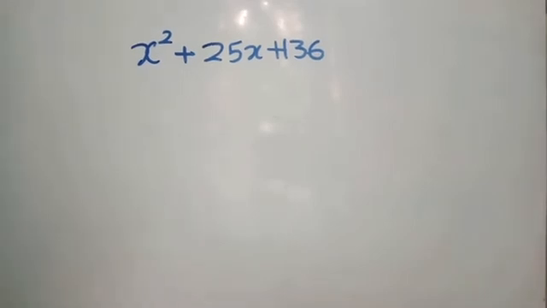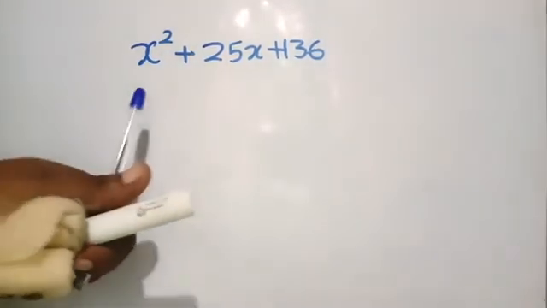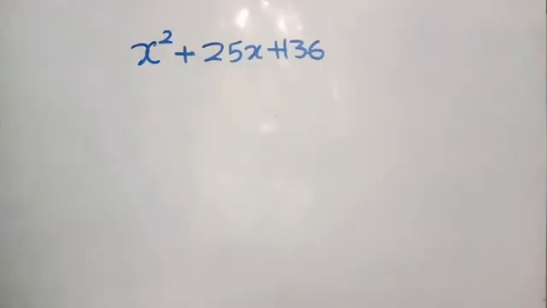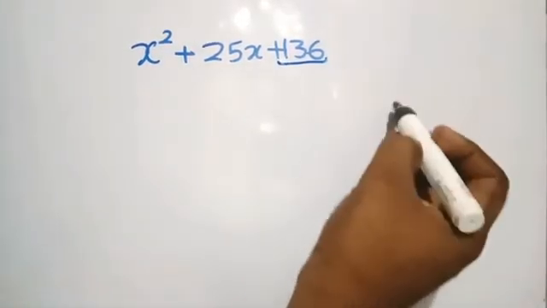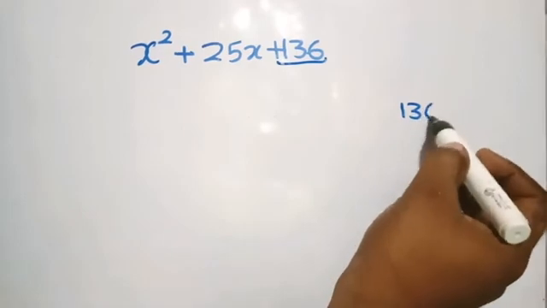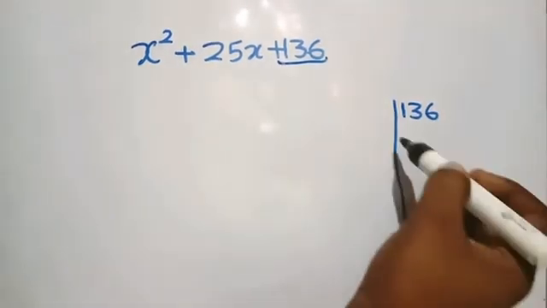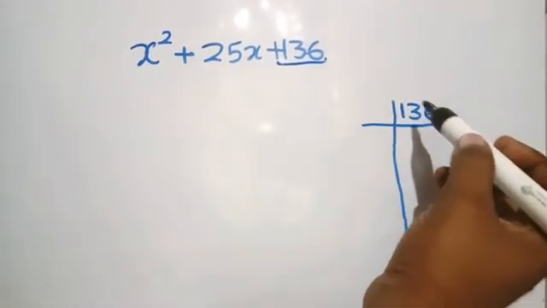I have given this question only to show you how to find those two numbers. Here the numbers are becoming much larger. The question is x squared plus 25x plus 136. To find that, we take the last number, 136, and do prime factorization.